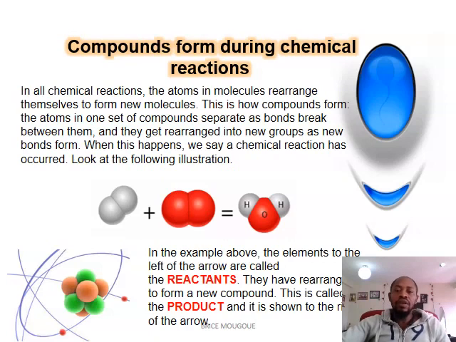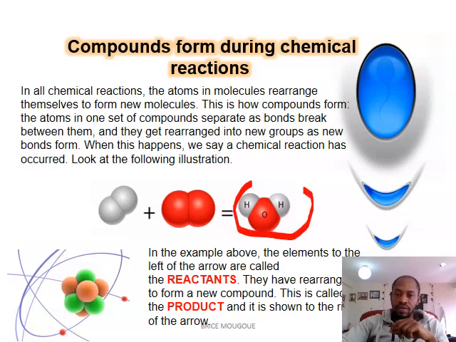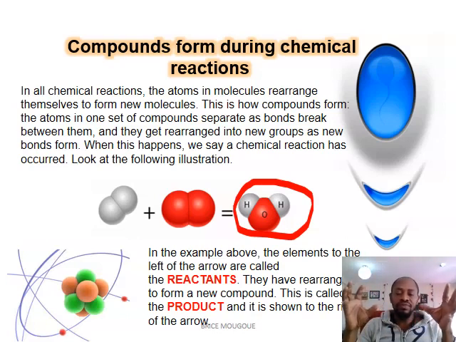Now, during chemical reactions, compounds form. Remember, in this case, this is a compound that has formed. Otherwise, I'm picking up here a molecule of water, which is the smallest portion of a compound. Now, let me just generalize that this is my compound here. During a chemical reaction, these compounds don't just form from space.